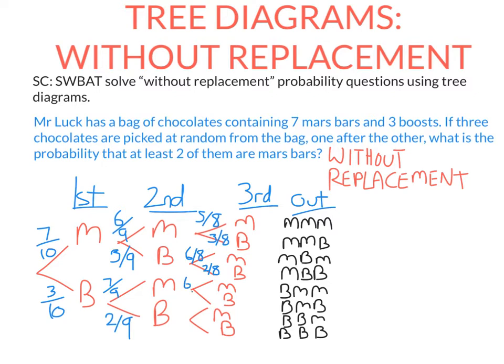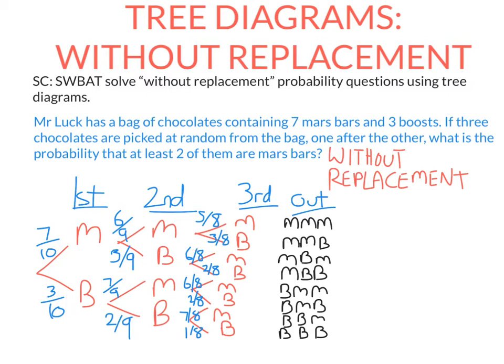And that would be the same here. So make sure at each stage the probabilities add to 1. And for the last one, of course, if you get a Boost first, then there are 8 chocolates left, 7 of them are Mars bars, and 1 is a Boost. So now I've done something right, because 1/8 plus 7/8 is 1. These 2 add to 1. These 2 add to 1. These 2 add to 1.